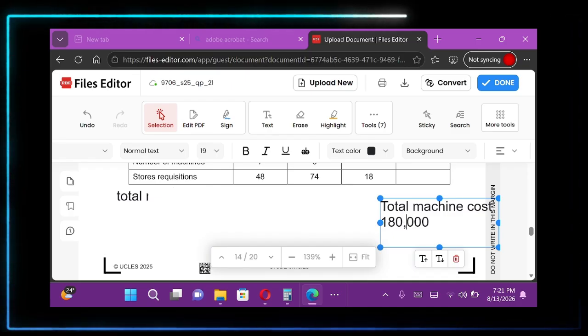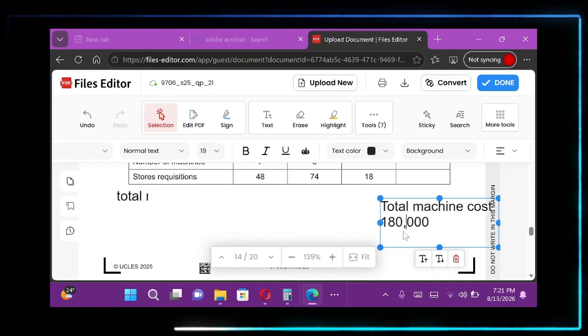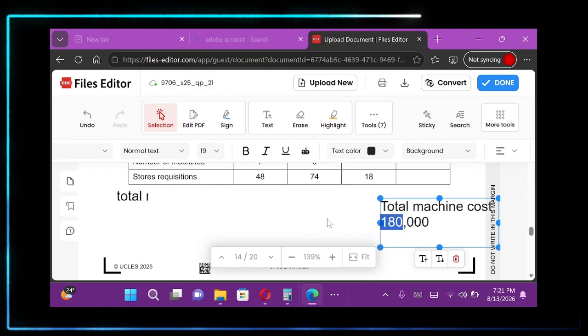Okay, let's continue. So the total was 180,000.